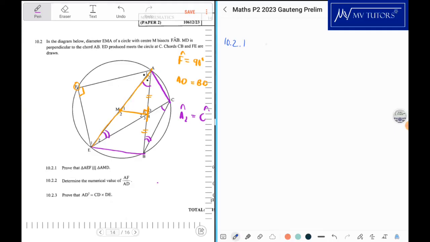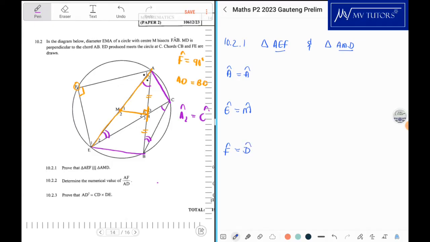Okay, so we have triangle AEF, and we also have triangle AMD. Alright, so we're trying to show here that A is equal to A, that E is equal to M. See the way it's written down? That's the same sequence you're going to use. And we also need to show that F is equal to D.